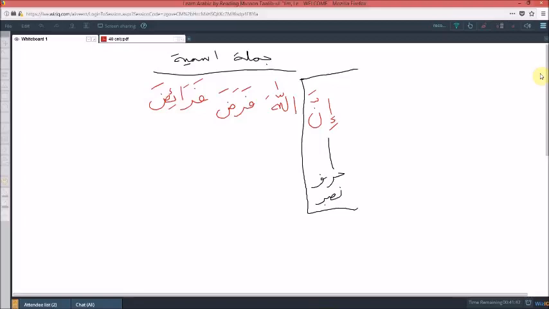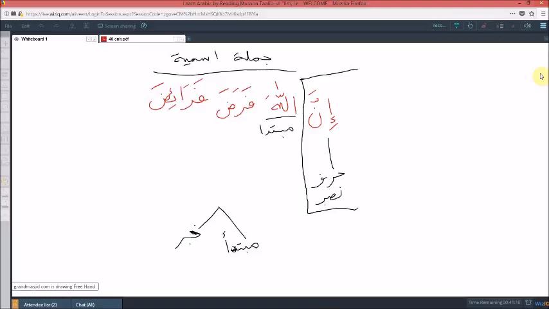So now we said the Jumla Ismiya has two parts. It has a mubtada, and a khabar. And we said both of those are marfu', right? So we have Allah being the mubtada here. And as you said, without the inna, it would be Allahu.